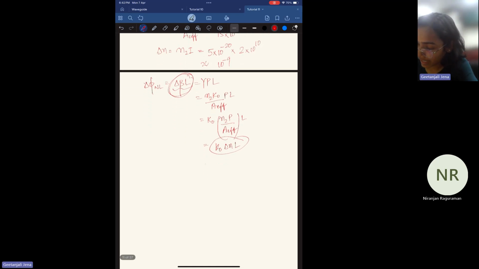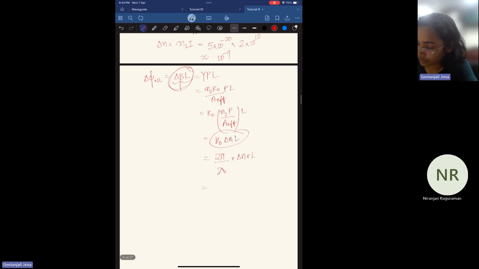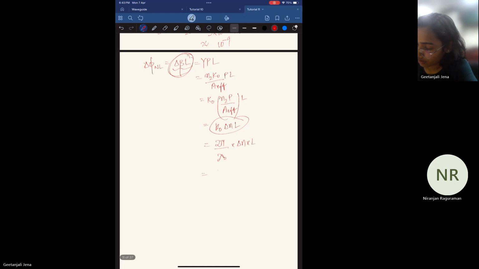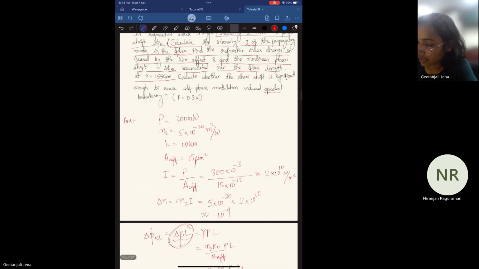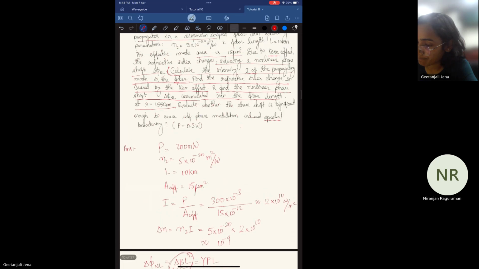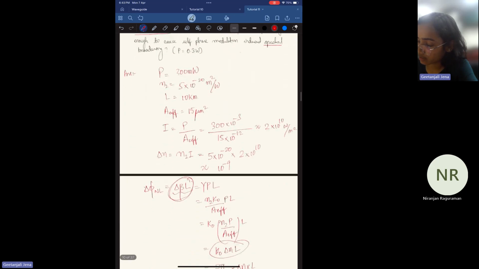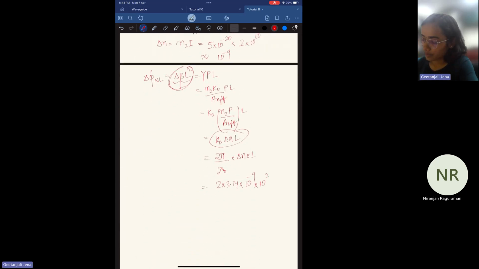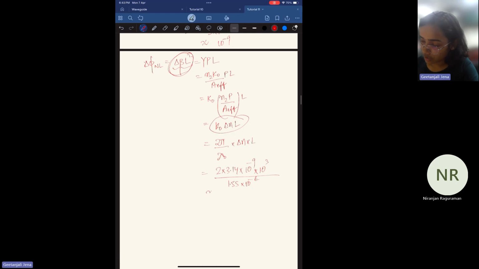So k0 is nothing but 2 pi over lambda 0, delta n L. Let us put the parameters. 2 pi, delta n is 10 to the minus 9, and total length was given, I think 10 kilometer, which is 10 to the 3, and lambda 0 is 1.55 into 10 to the minus 6, which is nothing but 12.95.